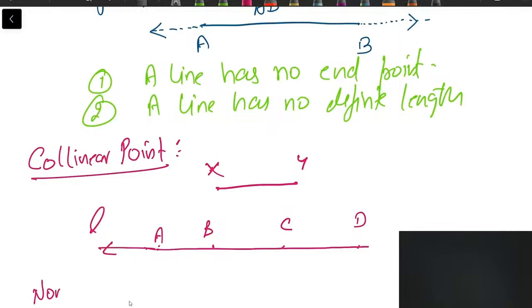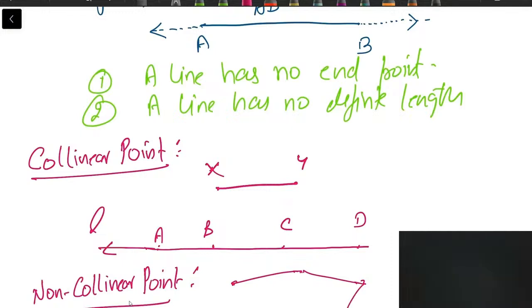Okay. So another topic is non-collinear points. What exactly are non-collinear points? Like one point is here, one point is here, one point is here, one point is here, one point is here. We can join two of them with a line, and another line, and another.